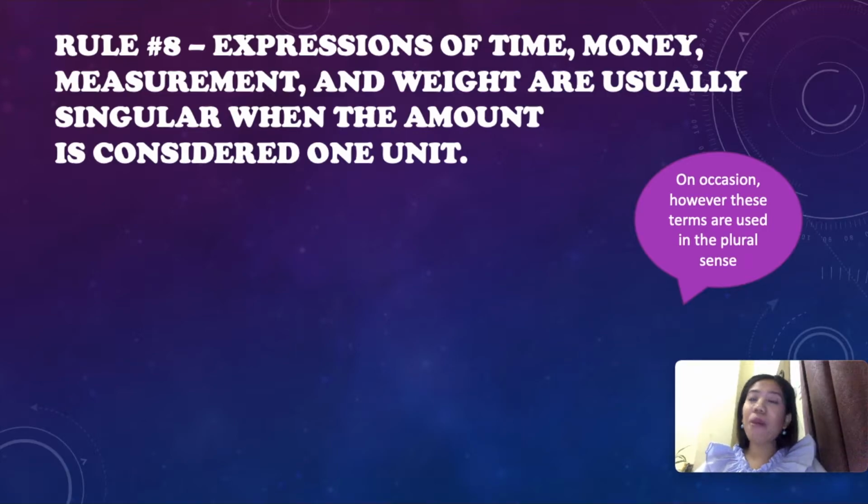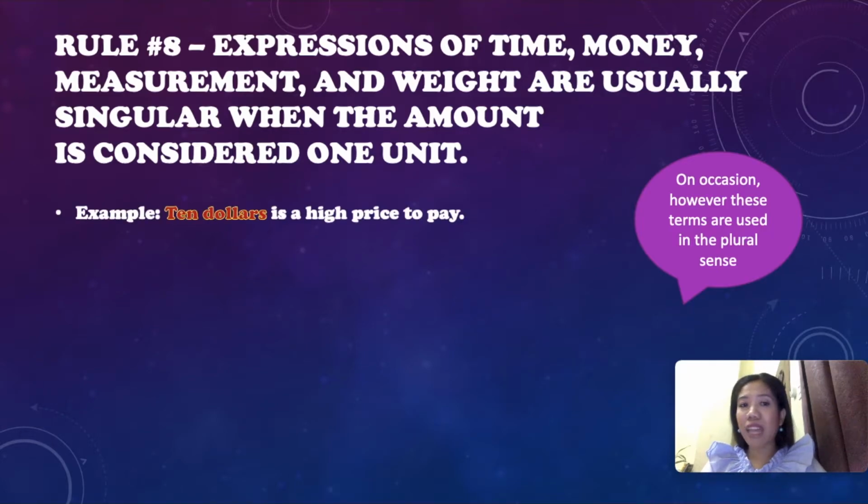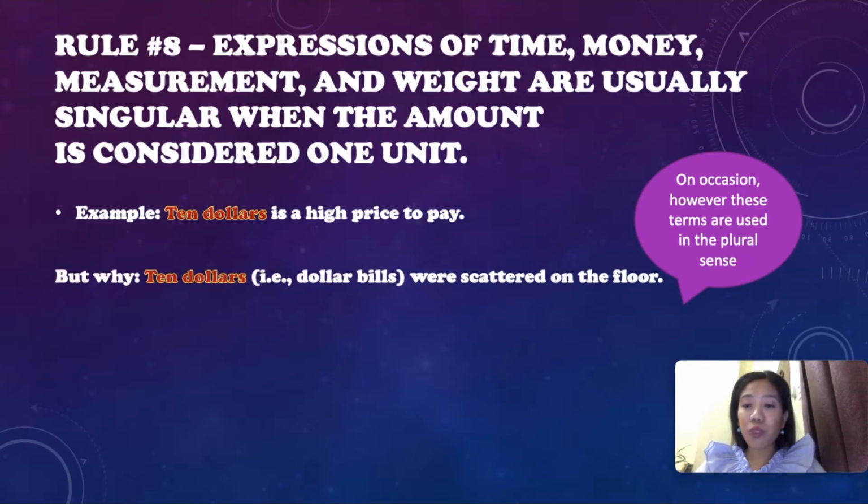Expressions of time, money, measurement, and weight are usually singular when the amount is considered 1 unit. On occasion, however, these terms are used in the plural sense. Example, "$10 is a high price to pay." But why should we say "$10 were scattered on the floor"?